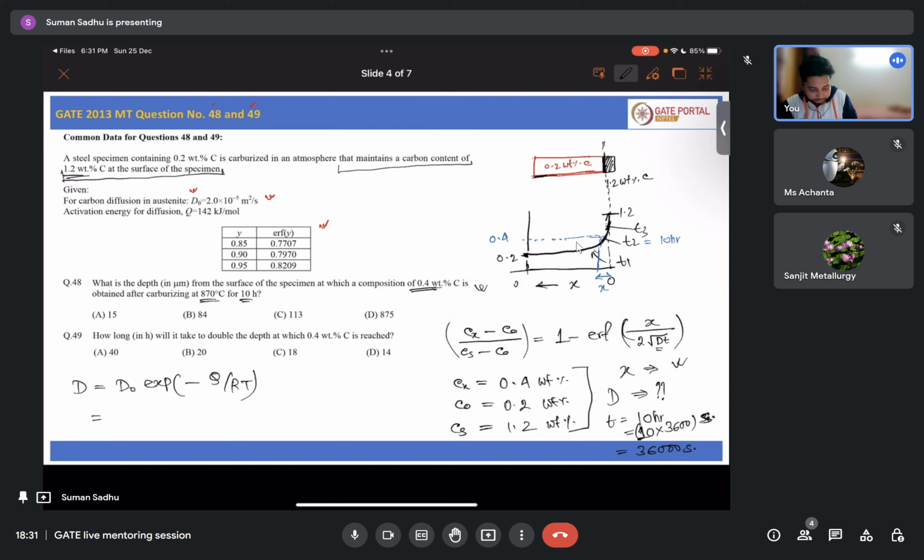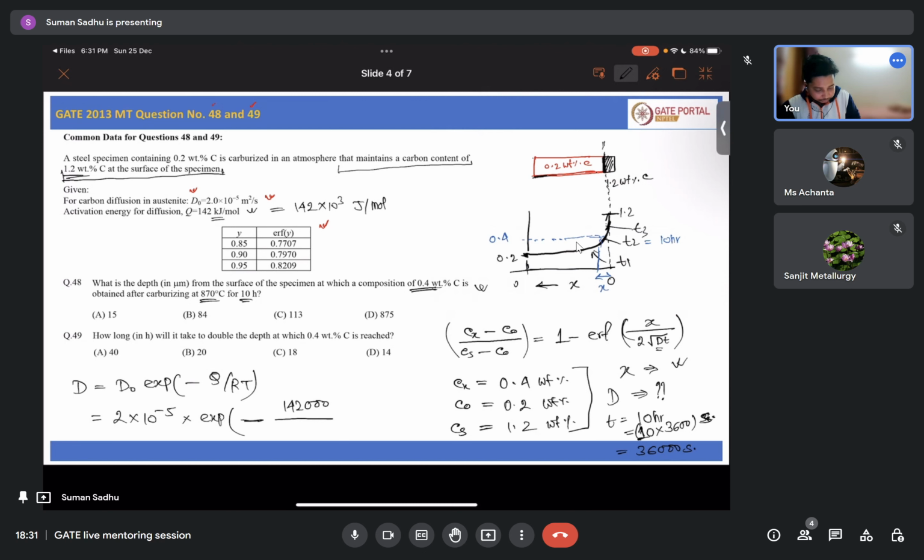Now D naught is given, that is 2 into 10 to the power minus 5 meter square per second, into exponential of, here also you have to keep in mind that Q is given in terms of kilojoule per mole. So here also you have to convert the unit.